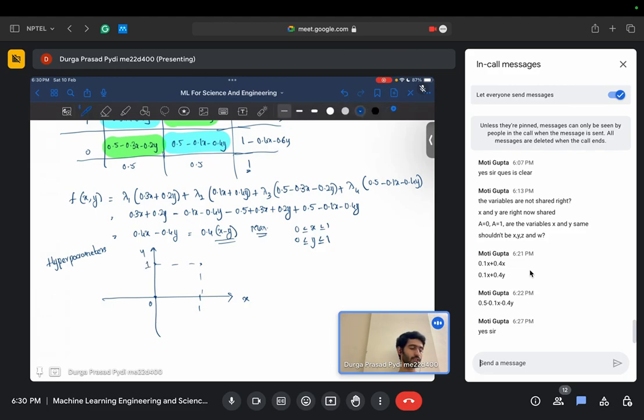And I want to maximize this particular function x minus y. X minus y is a negative slope point. So if this keeps on increasing, this is where you will get your maximum point.